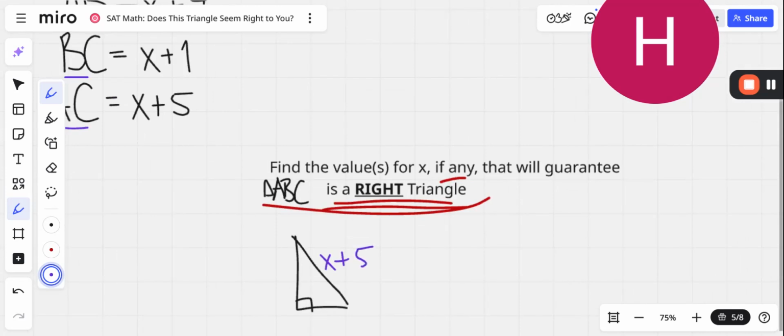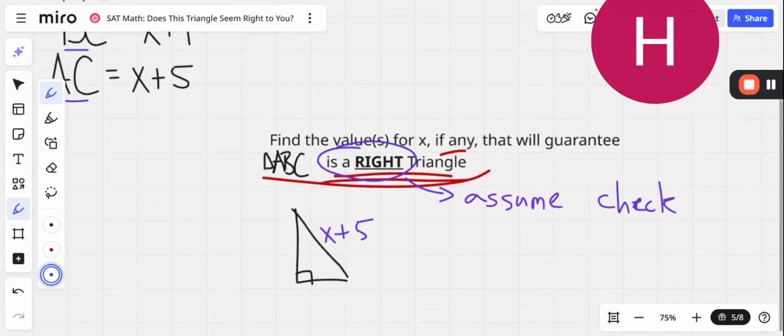So we can comfortably say that if this is a right triangle, and it's really the theme of the whole problem, we're going to assume that that's true, and then we're going to check it. That's a great way of determining if something is possible: you assume it's true and make sure that it doesn't have any contradictions or violate reality in some way.